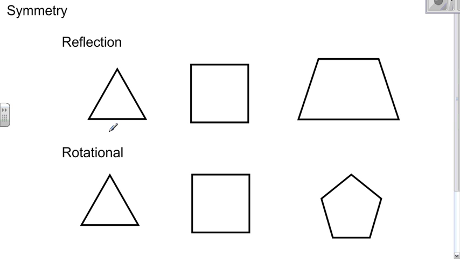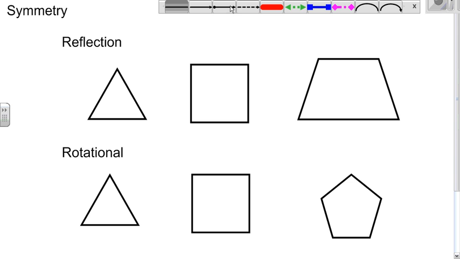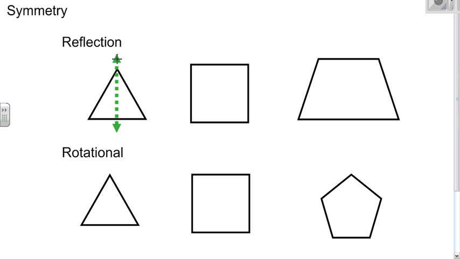And the last part of this section talks about symmetry. There's 2 types of symmetry that we'll discuss. First, reflection symmetry, which means there is a line of symmetry. For this triangle, we have a line of symmetry going down the middle. Also, these other ways, all 3 of those are lines of symmetry, because if we fold them over, it would match up. Squares have quite a few lines of symmetry as well.